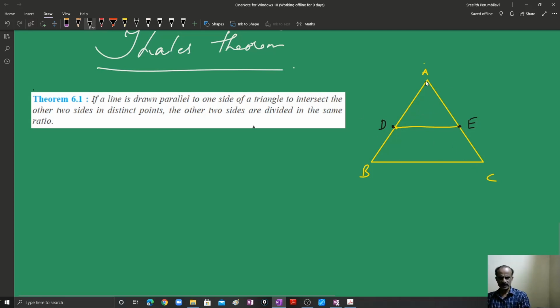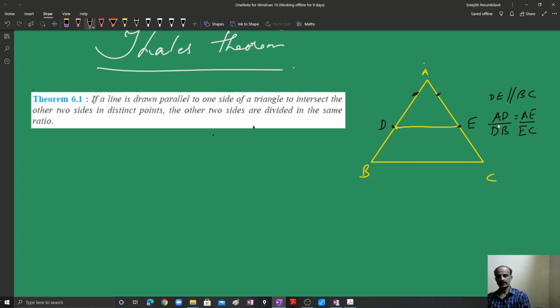What does that mean? Here DE is parallel to BC, and so they divide the other two sides, AB and AC, in the same ratio. That means AD by DB is equal to AE by EC.